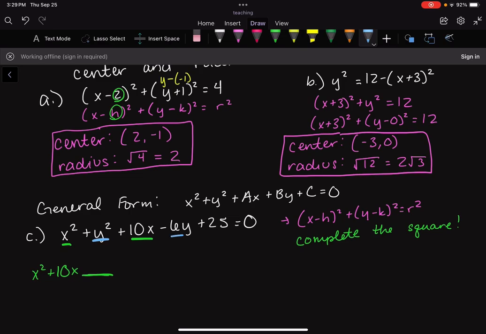Then I'm going to put my y's, so I have plus y^2 minus 6y, and again, I'm going to leave a space because I need to add something there so that I can factor this. Now that 25 is kind of just in my way, so I'm going to go ahead and move it to the other side. So it's very similar to what we did originally when we completed the square in the quadratic section, but now we have to do it with x and y.